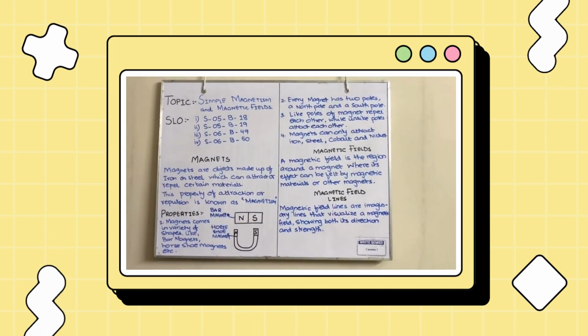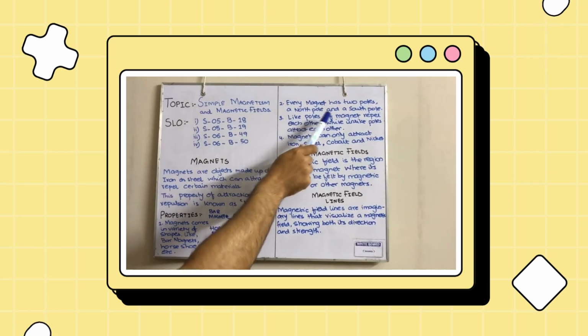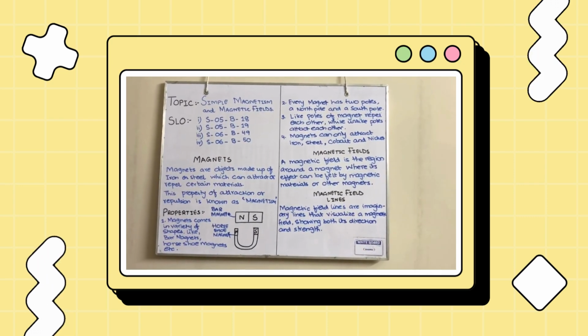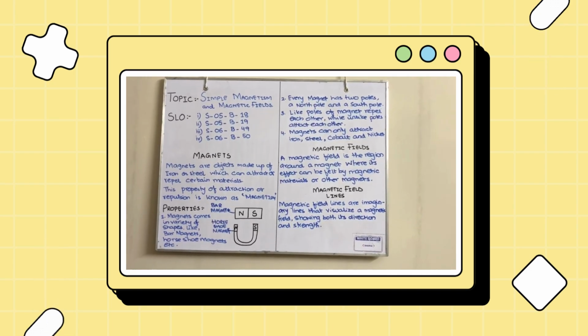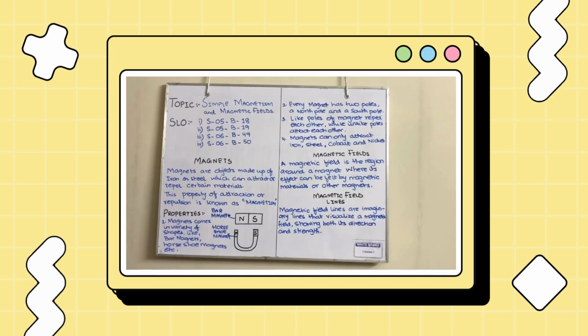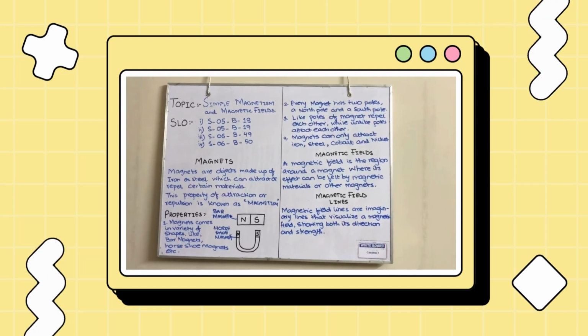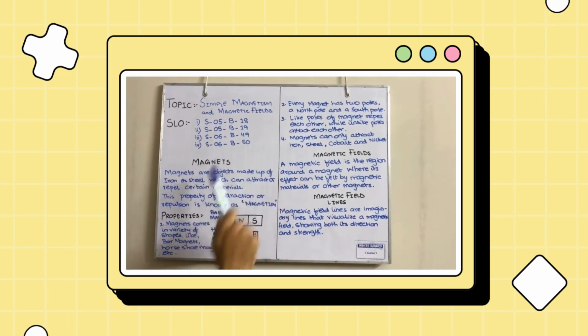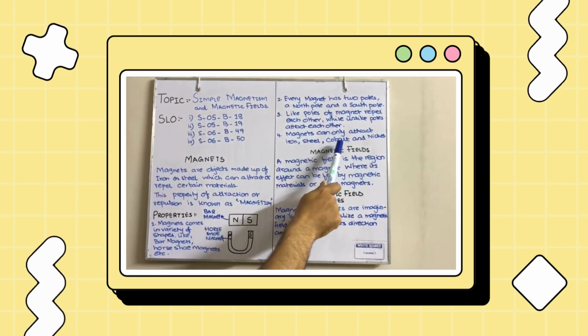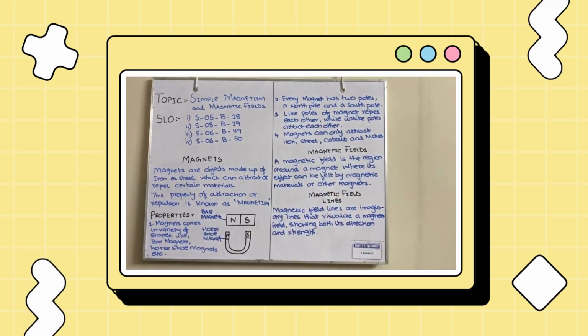Similarly, the third property is that like poles of magnets repel each other, meaning south and south will repel each other, while unlike poles will attract each other, like south and north. The fourth property is that magnets can only attract iron, steel, cobalt and nickel.